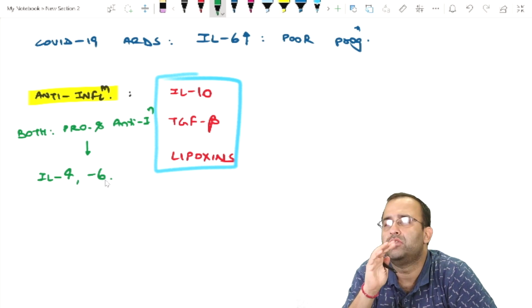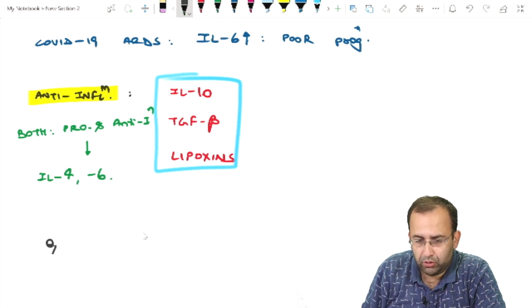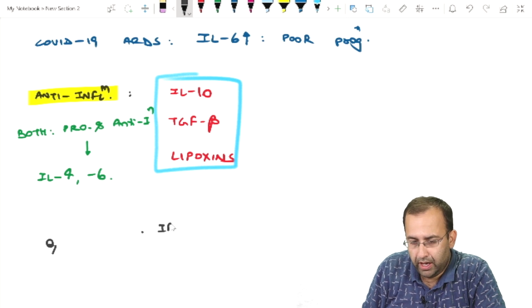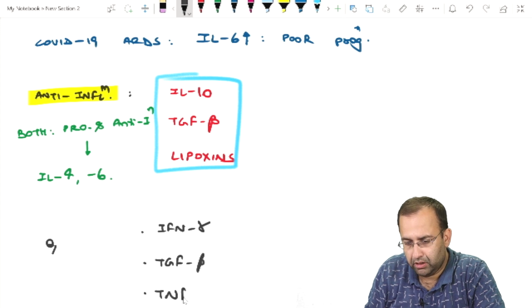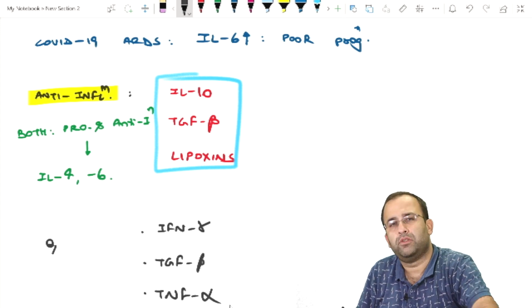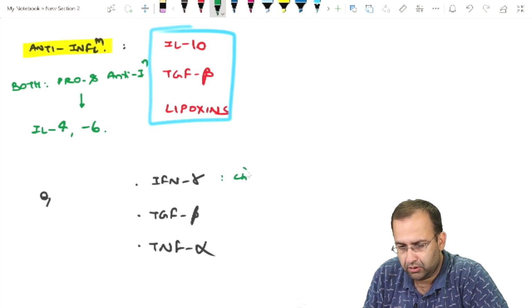This is with respect to cytokines. Three options usually given together are interferon gamma, TGF beta, and TNF alpha. Do not get confused with these options. Interferon gamma, as we have just seen, is a chronic cytokine.